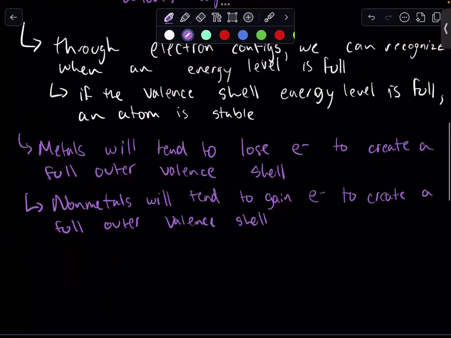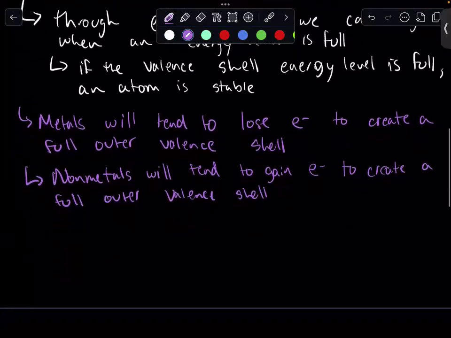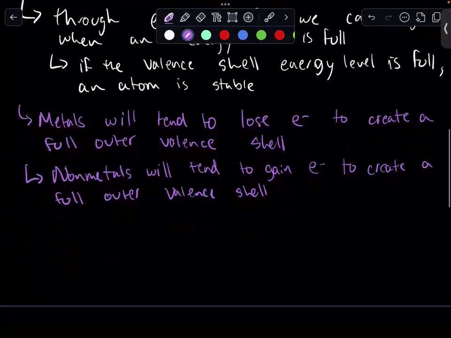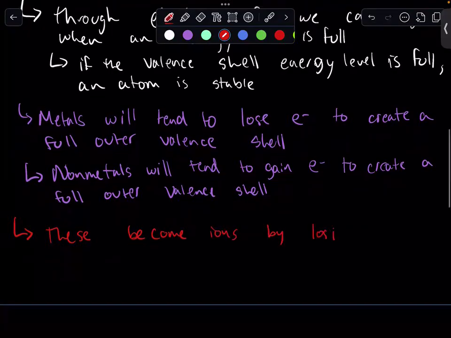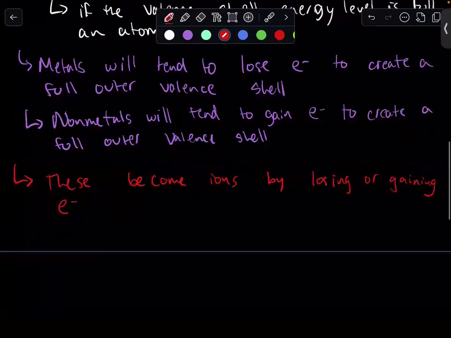We've discussed this in a little bit of detail in earlier sections when we first talked about ions. So this is how we create ions. These become ions by losing or gaining electrons, because we remember that ions have a charge and they do that via the loss or gain of electrons.